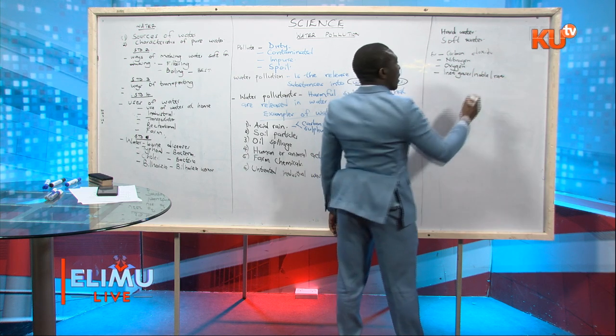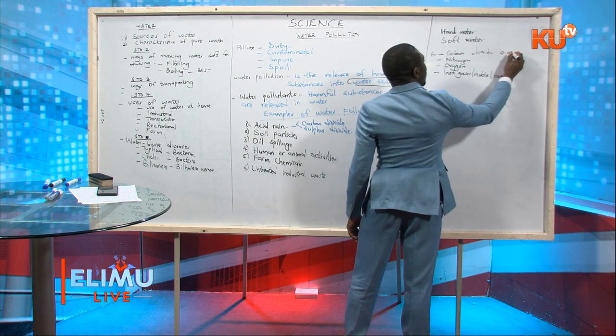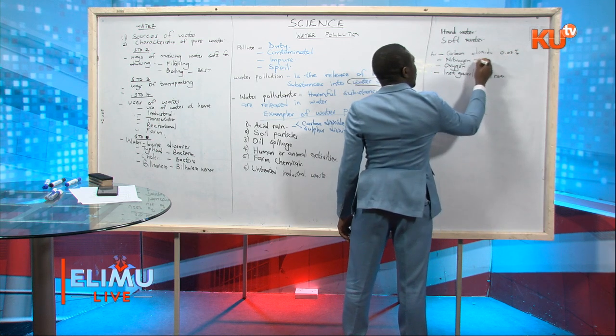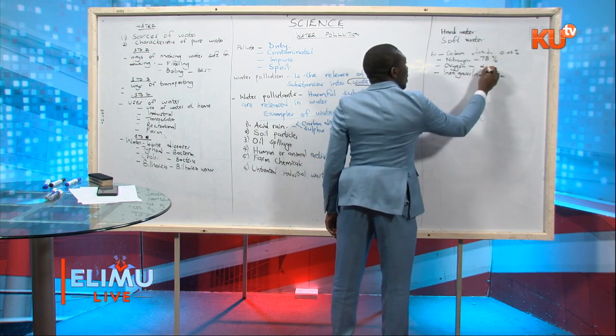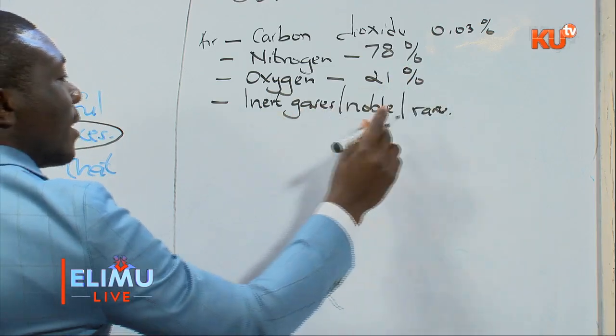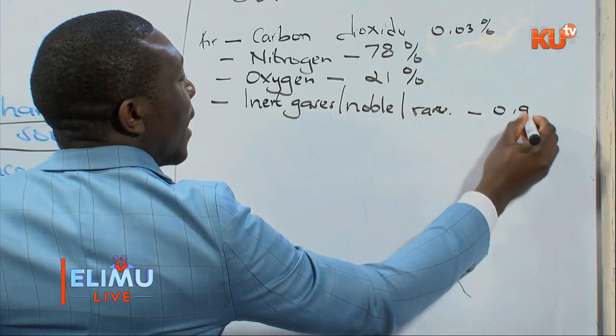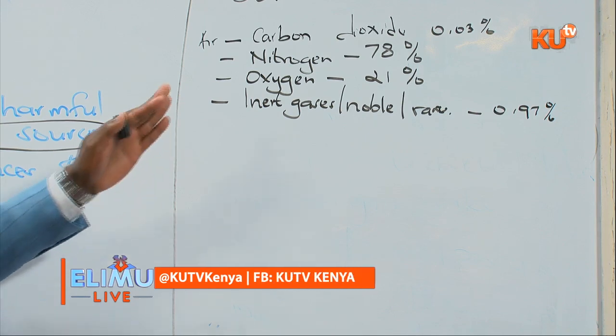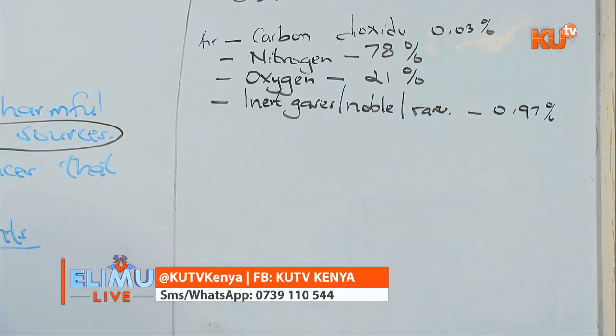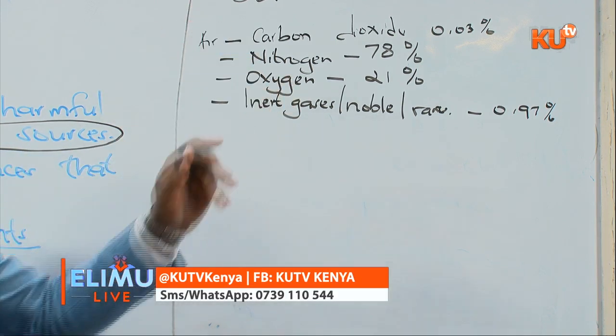We were told that carbon dioxide occupies 0.03%. Nitrogen occupies 78%. Oxygen occupies 21%. And then inert gases occupy 0.97%. You can realize oxygen is always where? In the air. Carbon dioxide is there again.